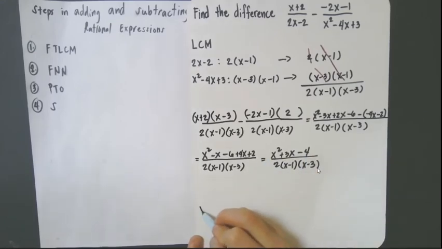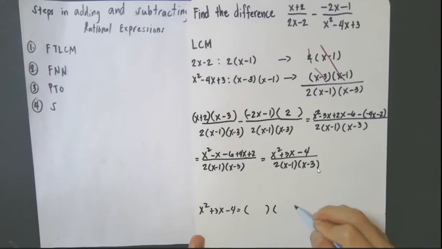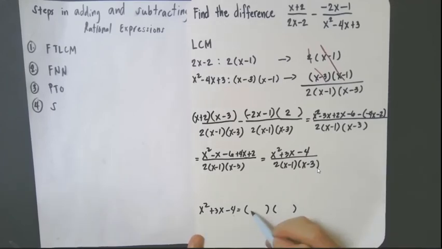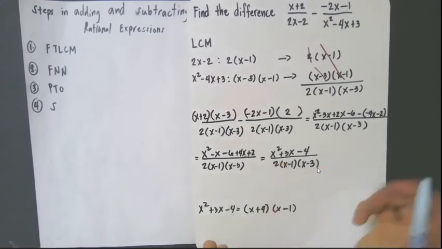So let's factor out x squared plus 3x minus 4. So this is a quadratic expression. We will apply here our guess and check method. So factor that out. Now factor out negative 4 such that the sum will be positive 3. So that will be positive 4 and negative 1. So that is the factored form of your numerator.